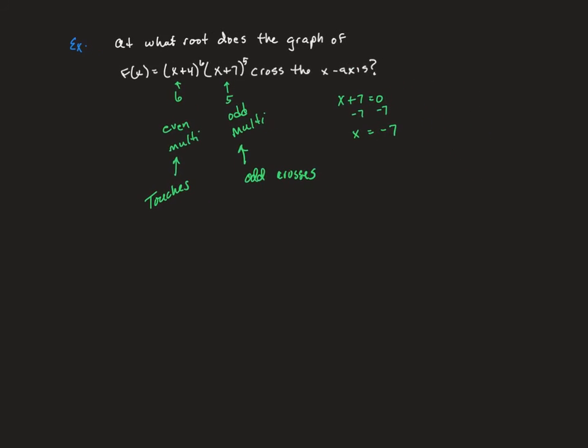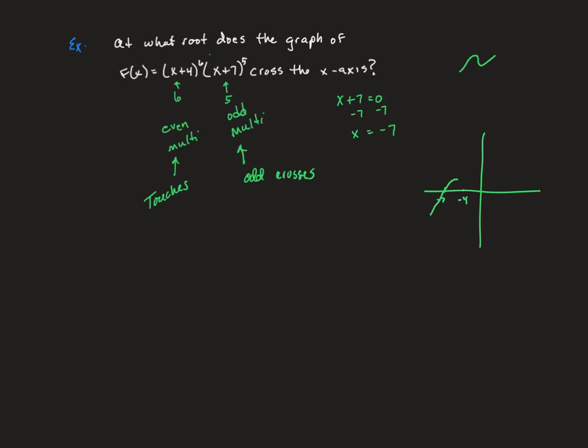And if I wanted to graph that, well, I know that the degree is 11, which means it's odd, which means it's going to do something like that in the long run. I have 2 roots, and at -7 it's going to cross. At -4 it's going to touch. So it probably does something along the lines of this, this, this.